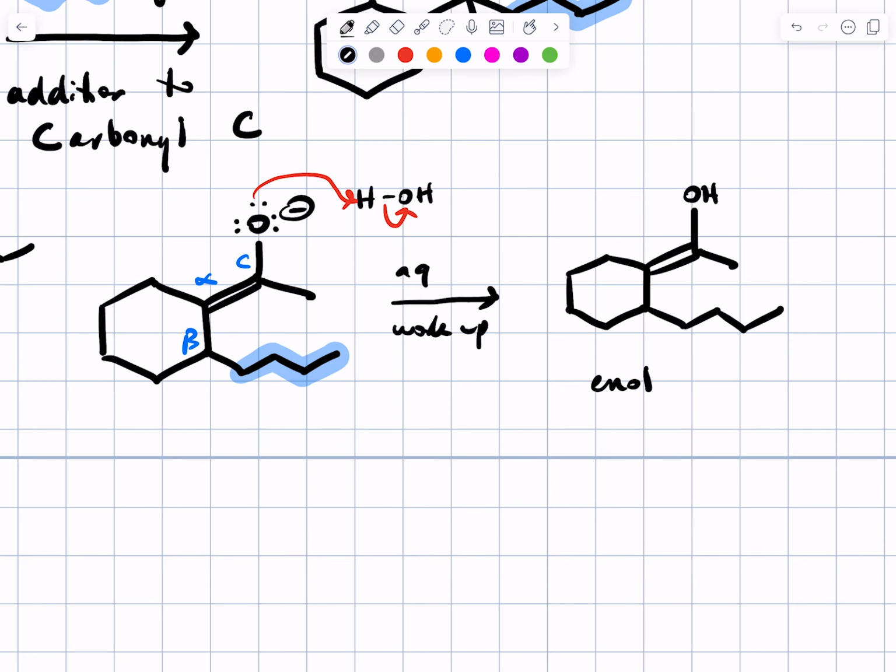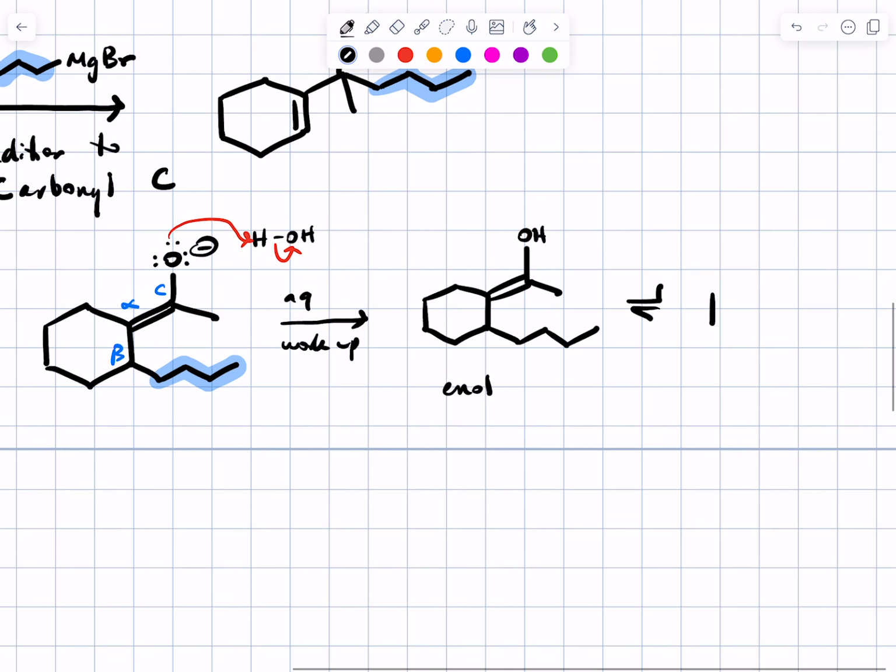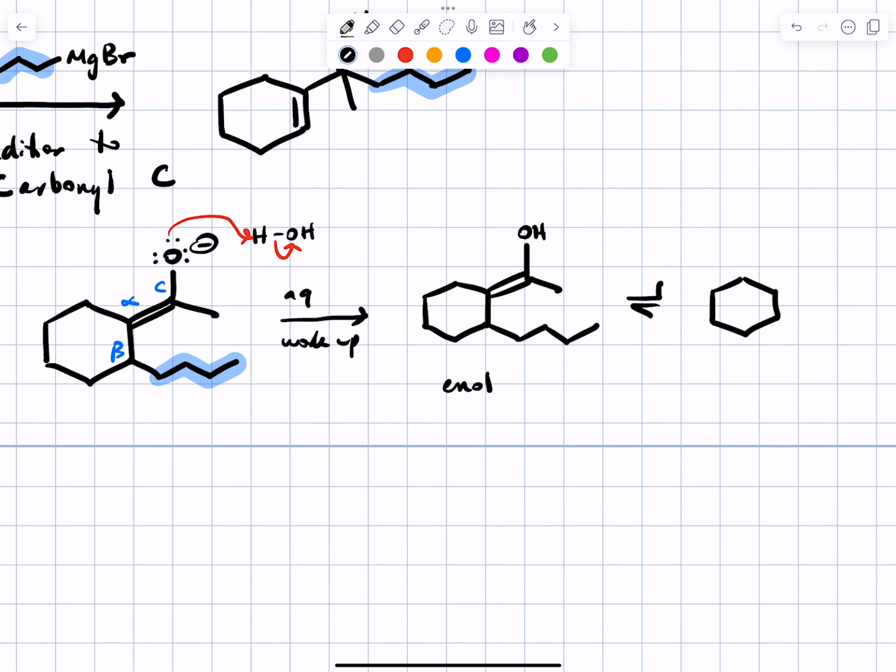This is called an enol, and it's in equilibrium with a ketone form. That looks like this. The process of converting from an enol form to a keto form is called tautomerization.